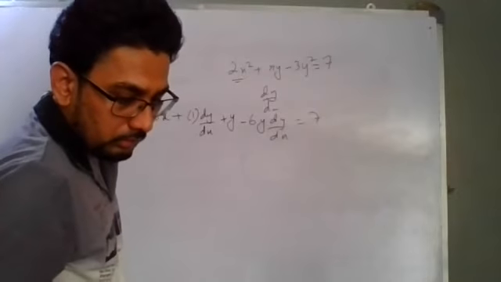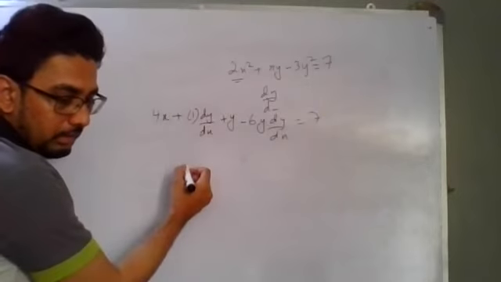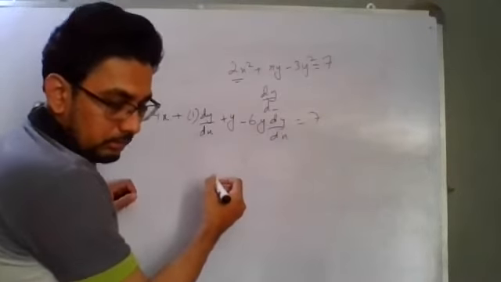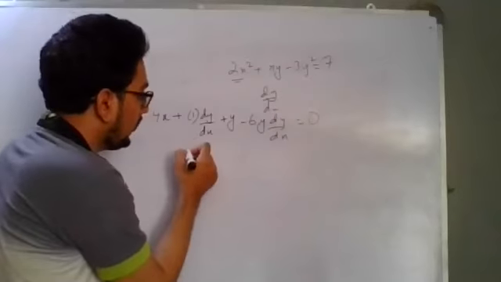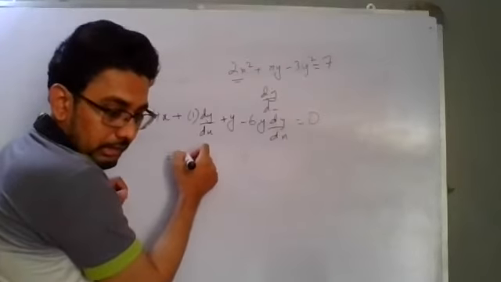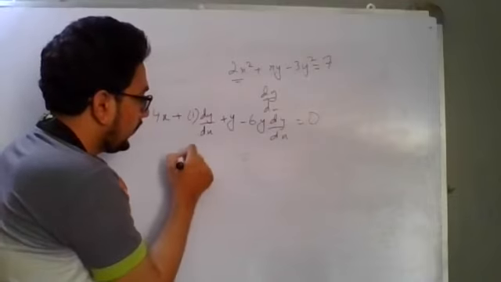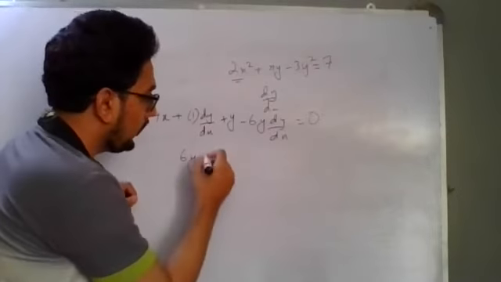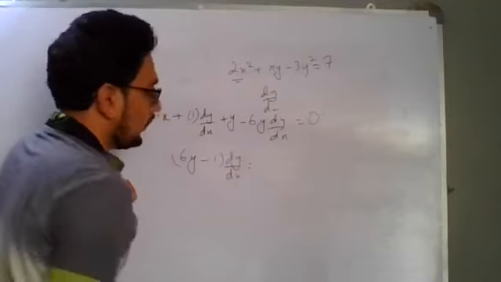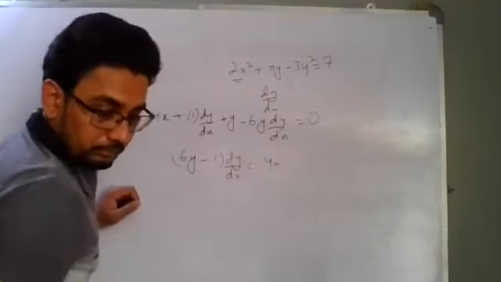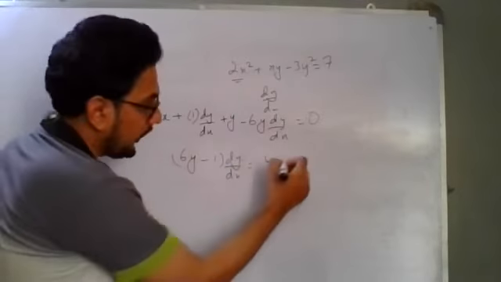Sorry, it becomes 0 because the differential of 7 is 0. So finally we get 6y minus 1 dy over dx is equal to 4x plus y.